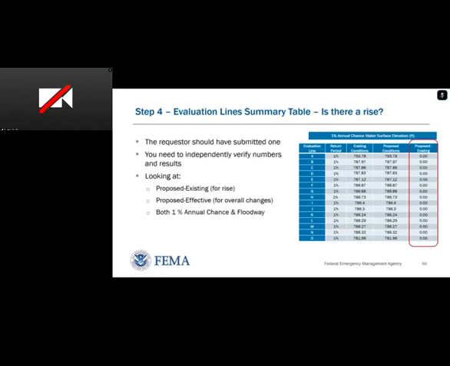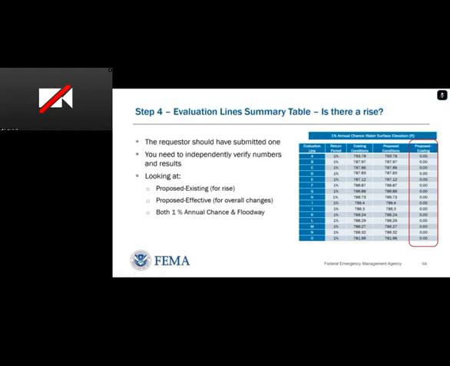And then step 4, we're going to create an evaluation line summary table and evaluate if there is actually a rise. So ideally, the requester will have submitted a table similar to this, but as a reviewer, you have to independently verify the numbers and results. So we're going to be looking at proposed minus existing, proposed minus effective, and this will be for both 1% annual chance and the floodway.